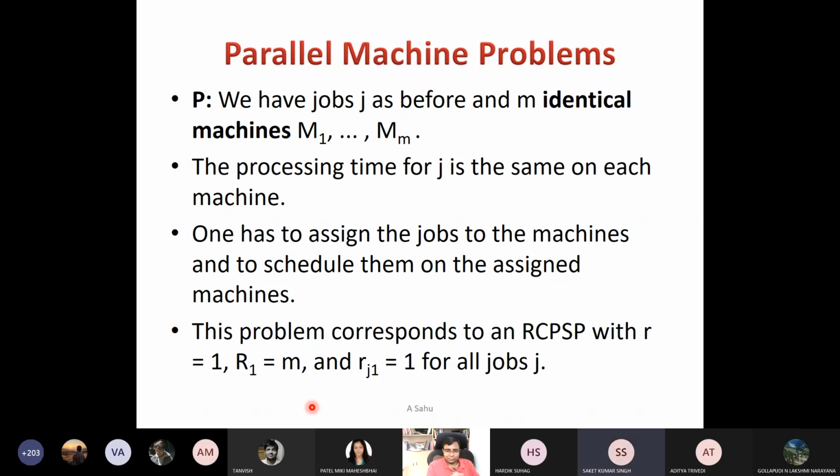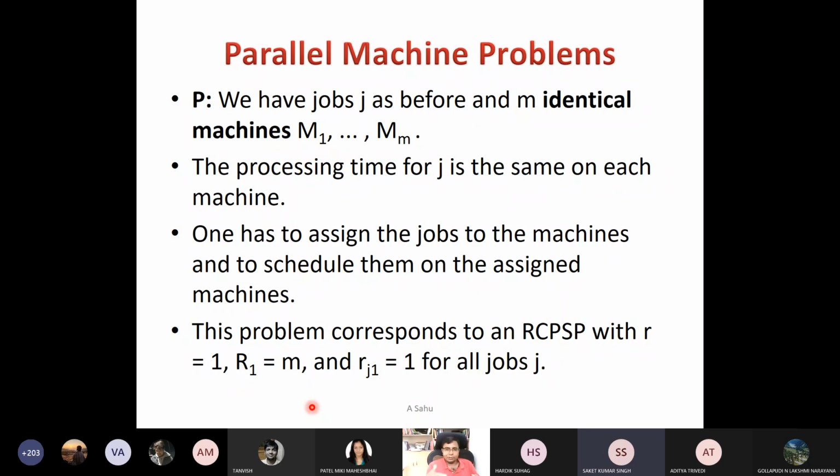Sir, by a resource, do we mean a processor? Yeah, resource means processor, we can assume. But in a resource constrained project scheduling problem, the resources may be of different types. Here each machine is a resource. If R is equal to 1 represents machines, and suppose another resource is a printer, then we can say there are two kinds of resources, machine and printer.